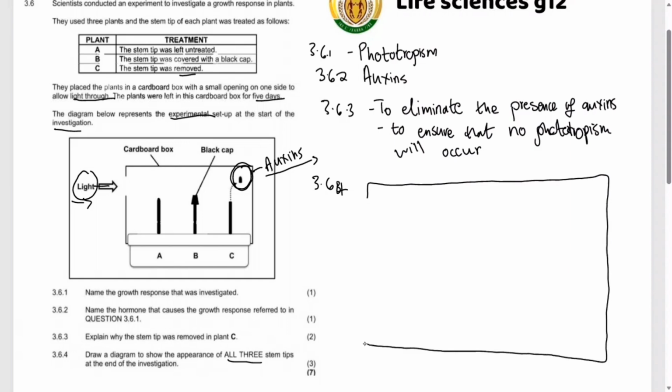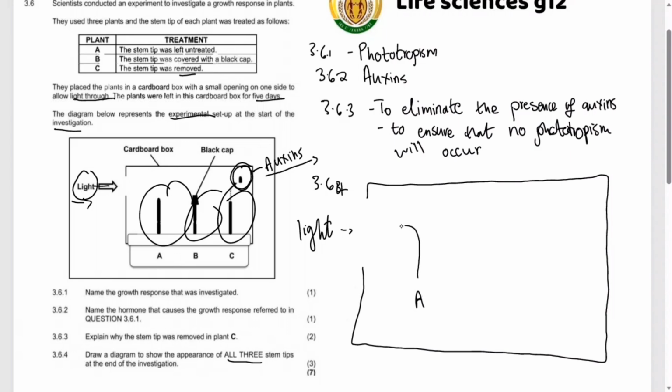This will be my light. Or you might draw these things. I'm just showing you how they will look after. So, good people, we will have something that looks like this.